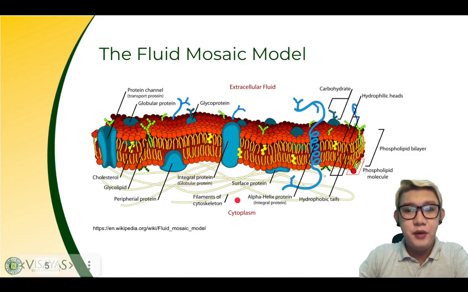So this model shows that the cell membrane is made up of a mosaic of different protein components that are floating in a double layer of lipid molecules. This model also proposes that the lipid component is made up of two layers.